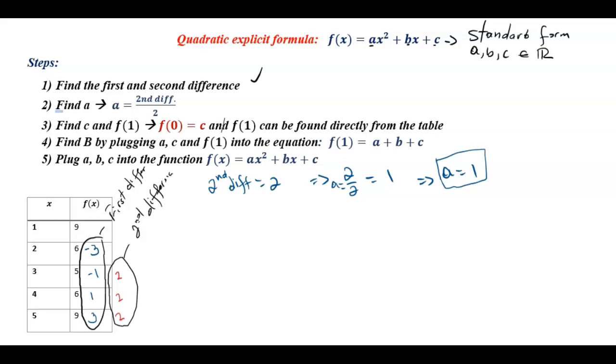Now let's find the value for C. All right, so find C in f of 1. Now here's the thing, C is equal to f of 0, but we do not have f of 0. So what I'm going to do is go backward to find 0.